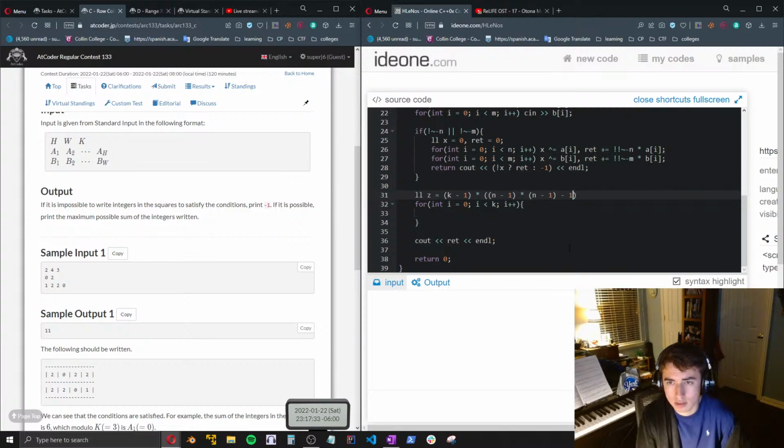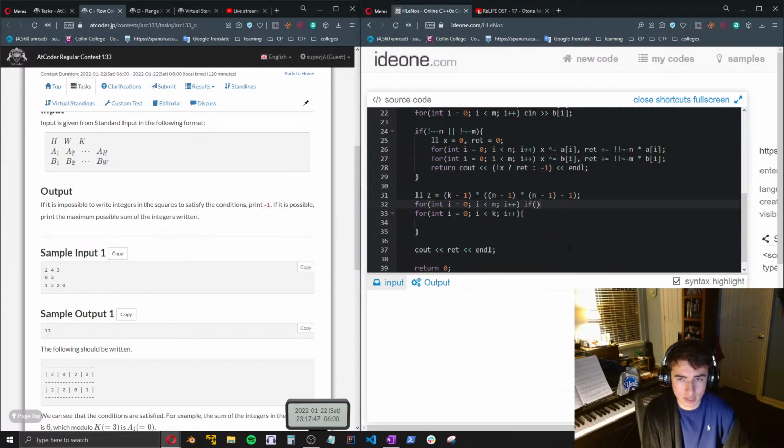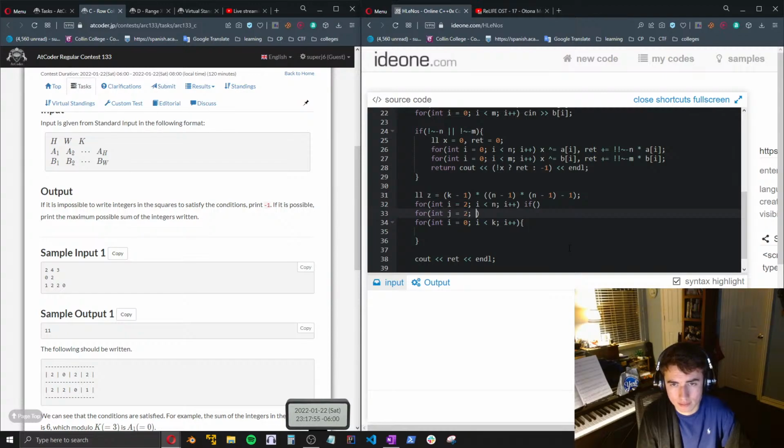Right. Plus if it is equal to 2. If z plus equals n and 1 question mark.